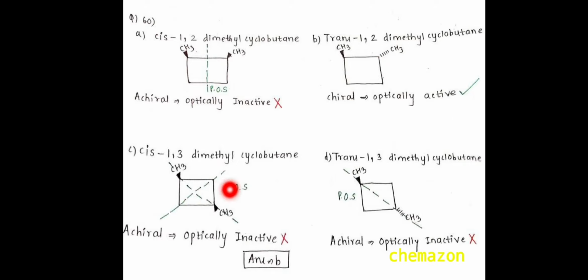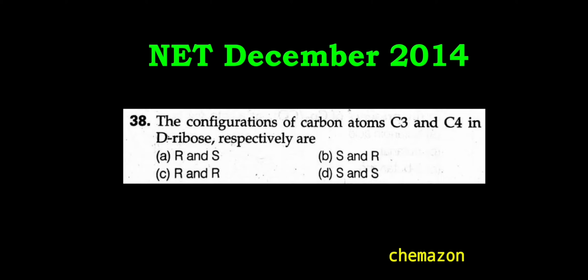Whereas in the third option, you can see there are two planes of symmetry passing through this molecule, and in this fourth option there is a plane of symmetry passing through this molecule. The correct answer is option B, as in the other three options the element of symmetry was present.